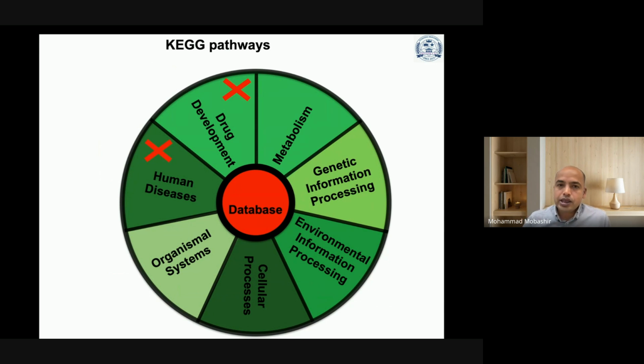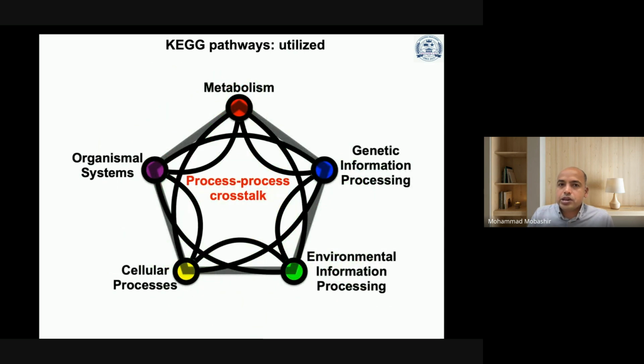So you can see I have utilized these 5 categories only for the software which I have developed. So now, cellular processes, environmental information processing, genetic information processing, metabolism, and organismal systems.